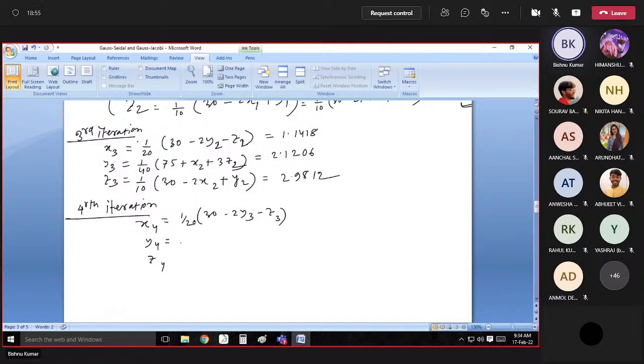This will be 1 by 40, 75 plus x3 plus z3, and this will be 1 by 10, 30 minus 2x3 plus y3. In this case also use these values and tell me the iterated values.